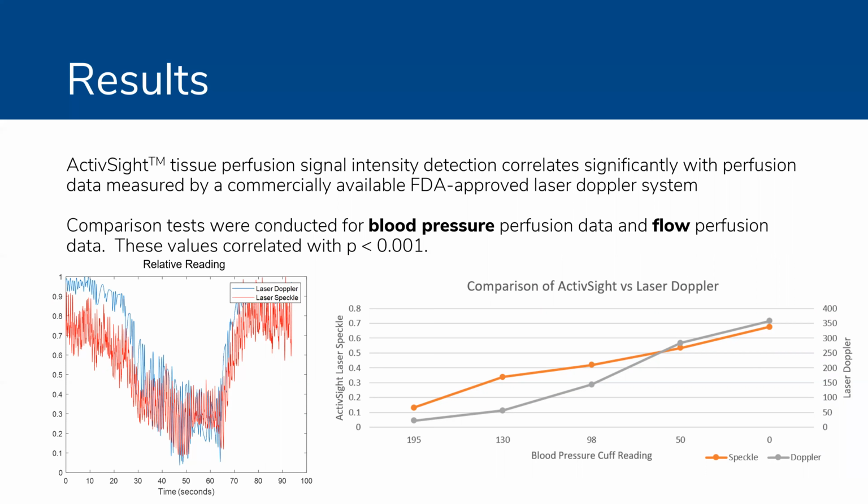It is clear in both cases that laser Doppler and laser speckle convey monotonically correlated information. That is, as one signal increases, so does the other, and thus the information may be used interchangeably. However, laser Doppler systems give readings from probes at individual points, whereas ActivSight is contactless and provides information over an entire image in real time.